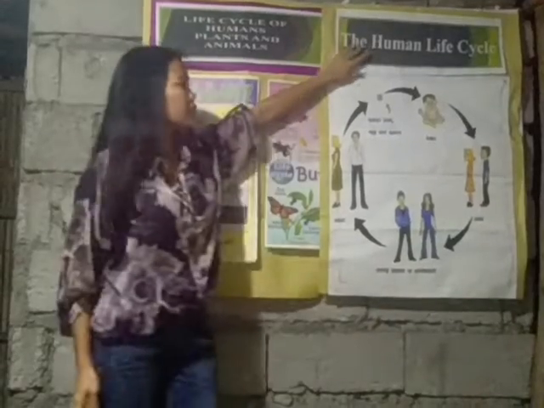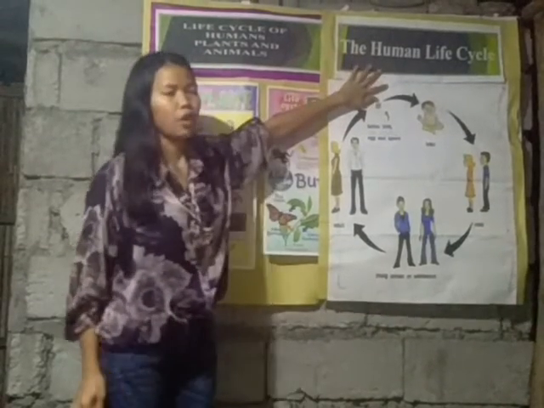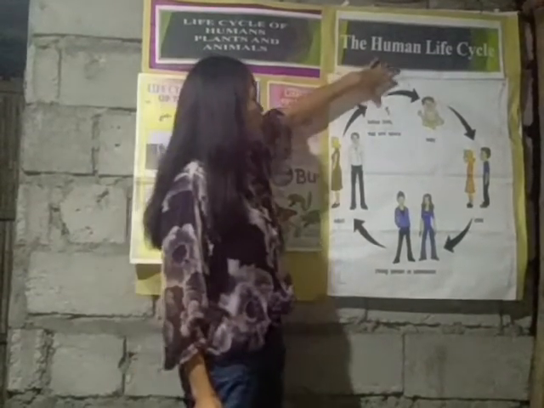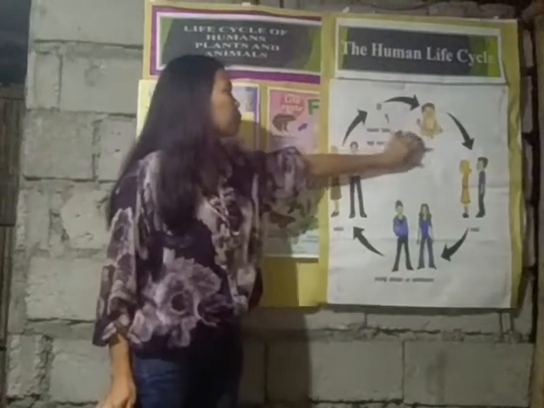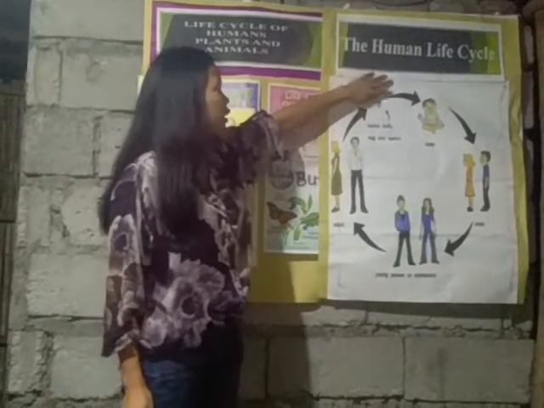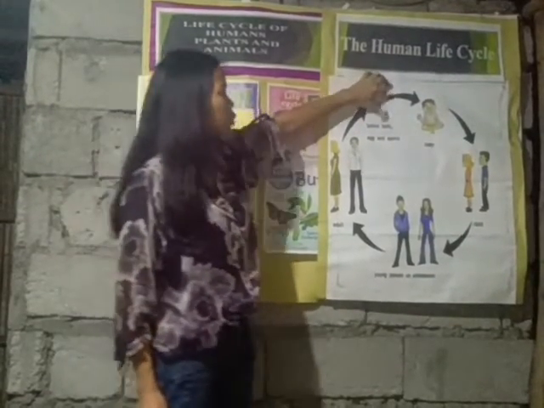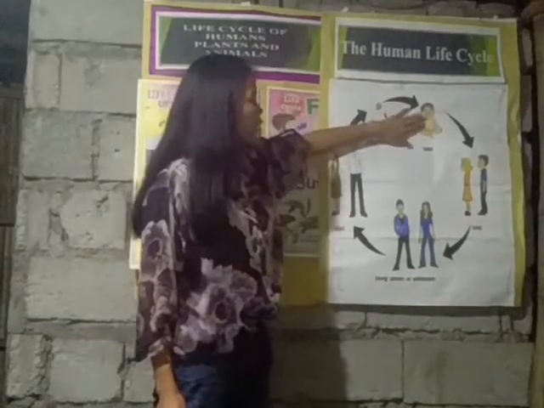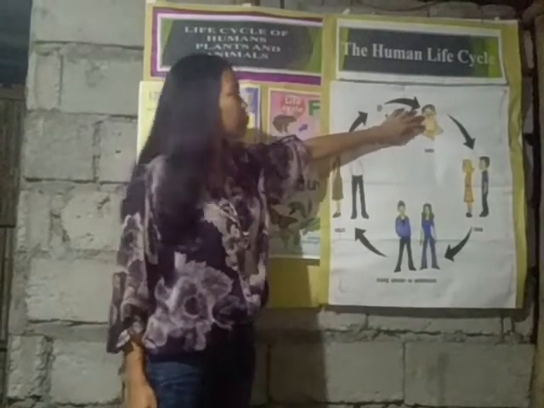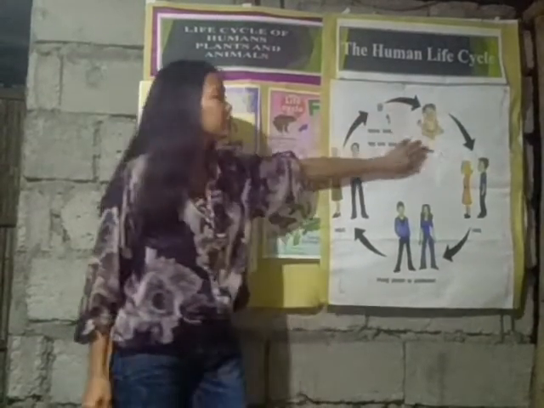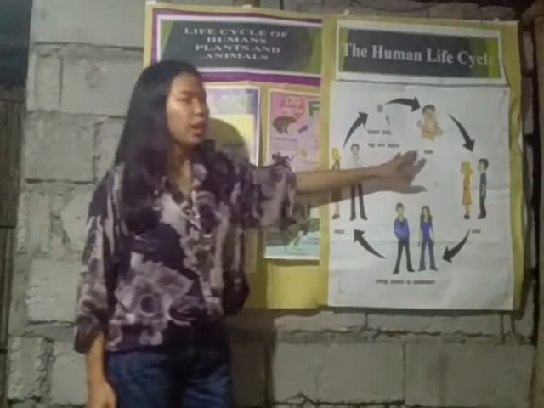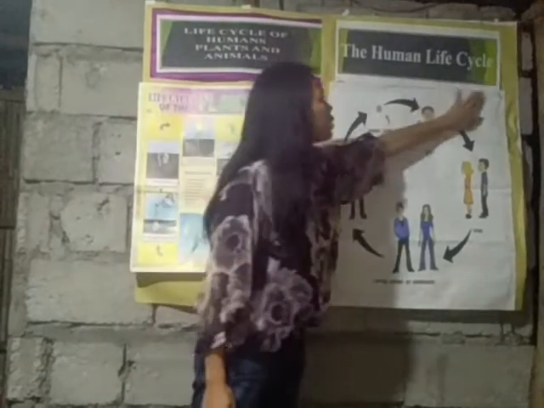The human life cycle starts before birth, when the sperm and the egg cells meet, and that becomes the fetus. The next stage is the baby, where the baby is very dependent on the parent or the caretaker.